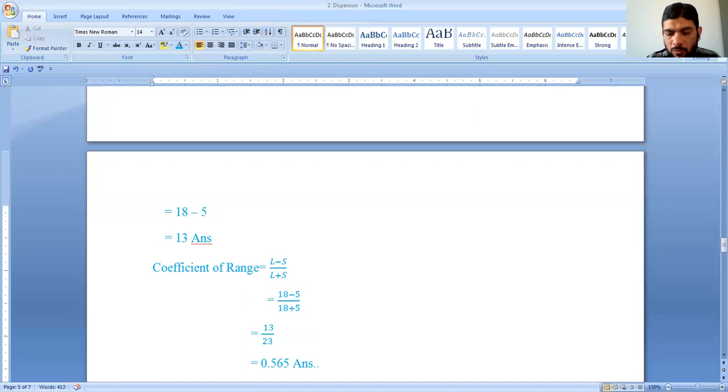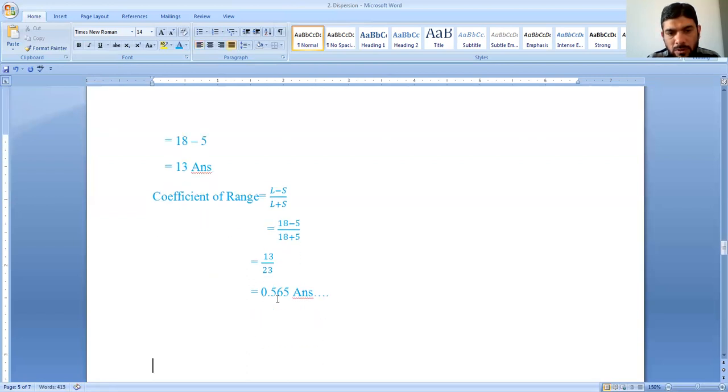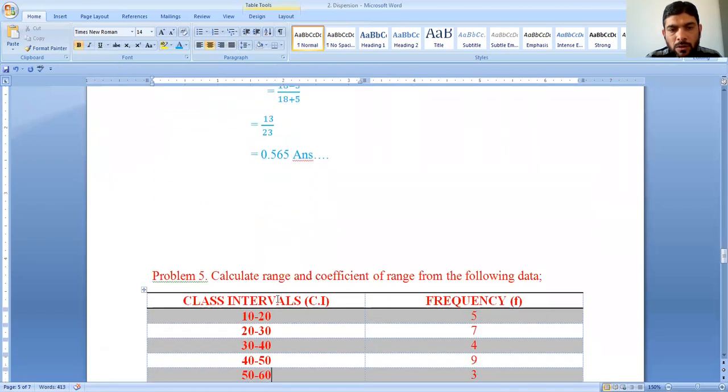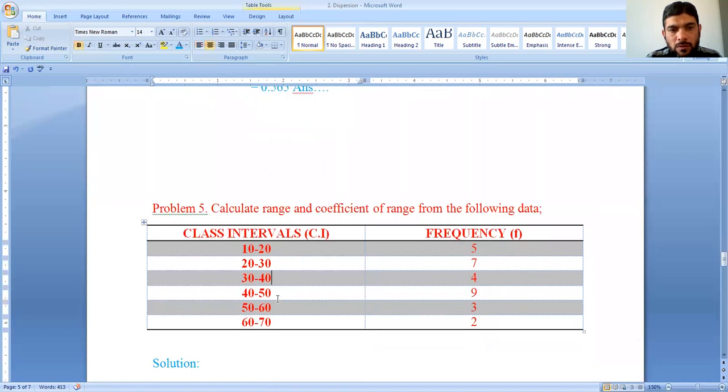Now we have one more series, the series based on continuous groups, that is group series or continuous series. We have one more question: calculate the range and coefficient of range from the following data.